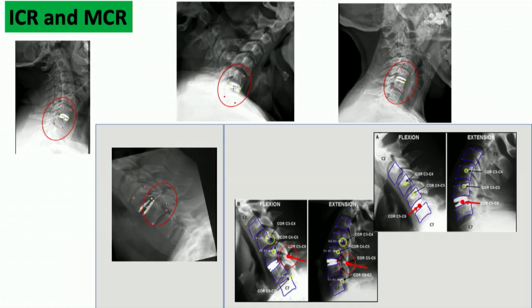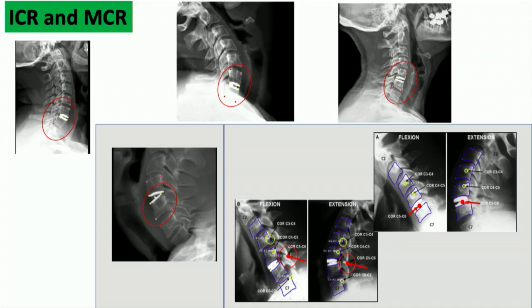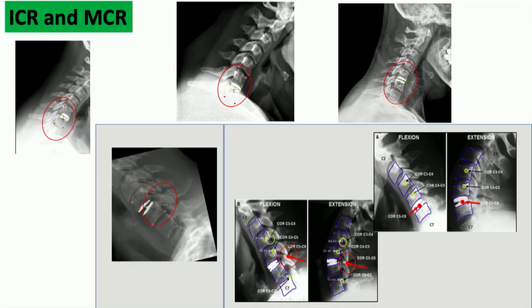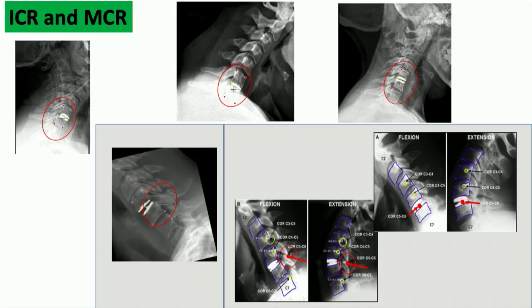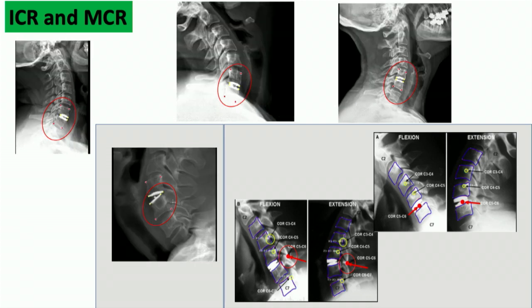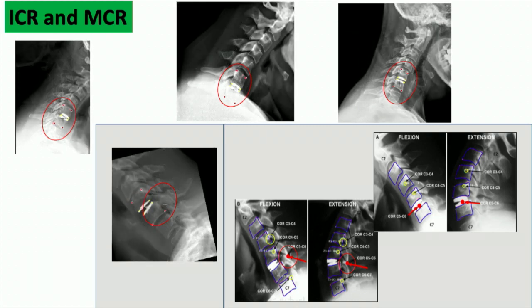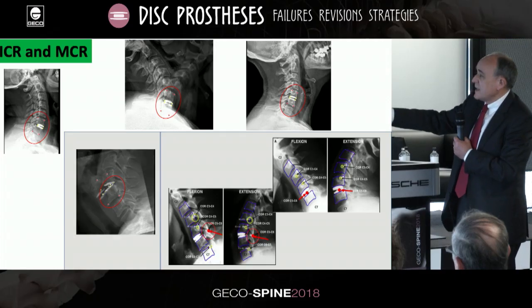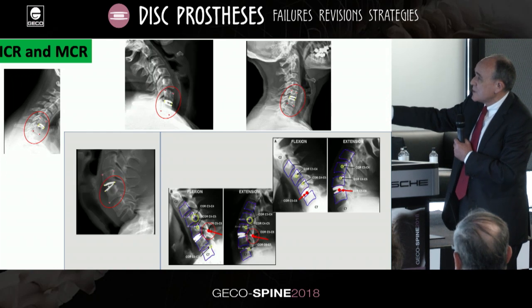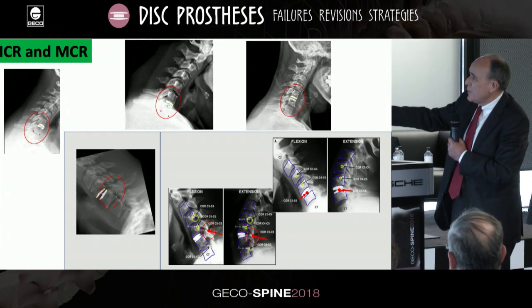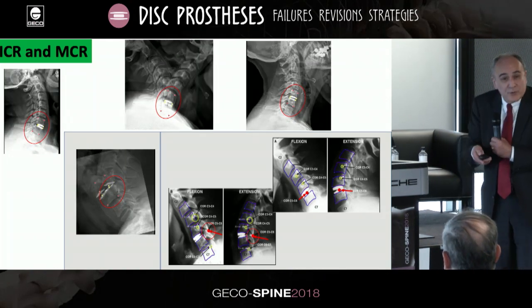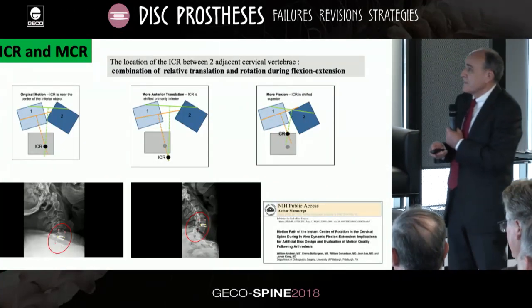When we look at our plain X-ray flexion and extension, we cannot imagine really where is the center of rotation. It is very surprising. And in some papers, very honest paper, it is shown that with some prostheses and in some cases, we have the center of rotation. This is a published paper in the middle of the prosthesis, which is not correct.